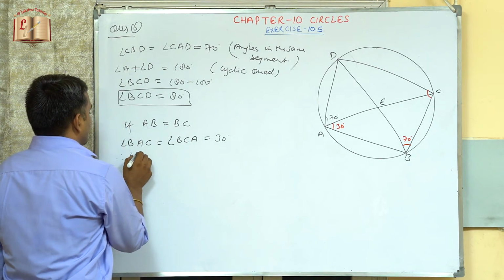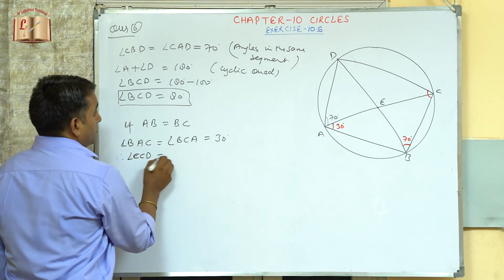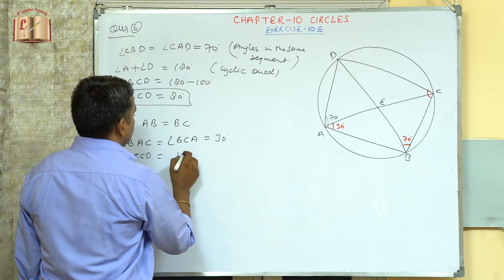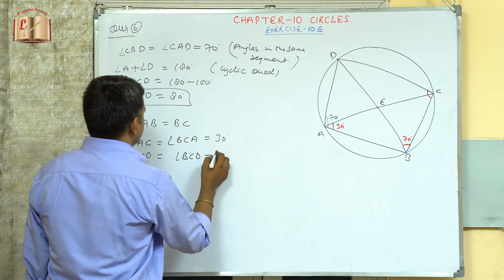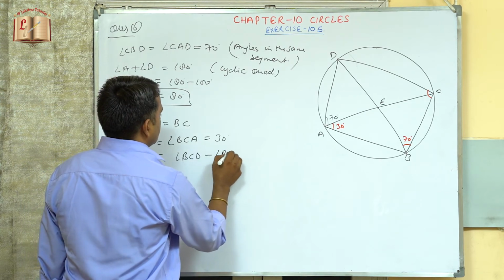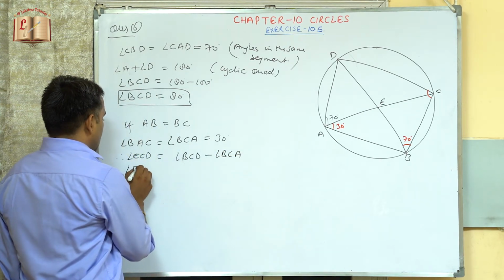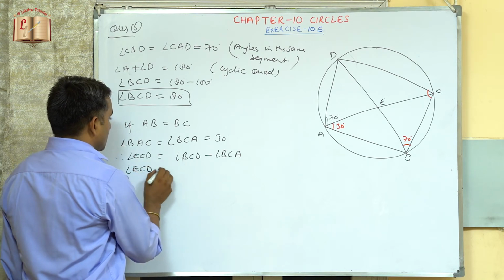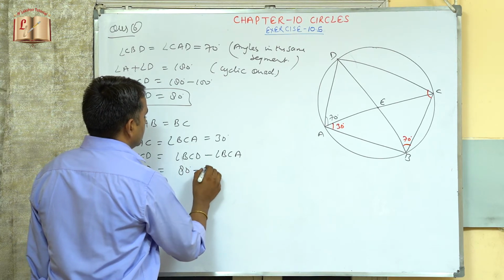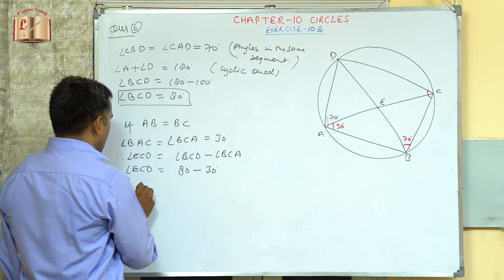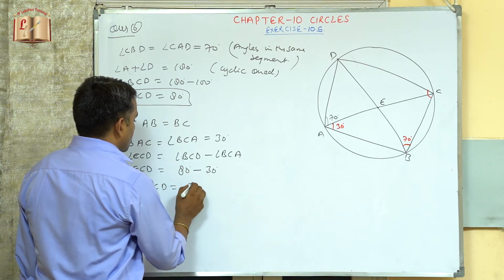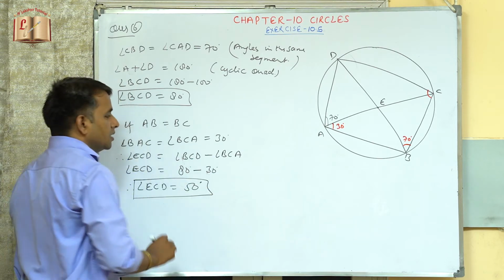So angle ECD will be equal to angle BCD minus angle BCA. So angle ECD will be equal to 80 degree minus 30 degree. Therefore angle ECD will be equal to 50 degree. So this is now proved.